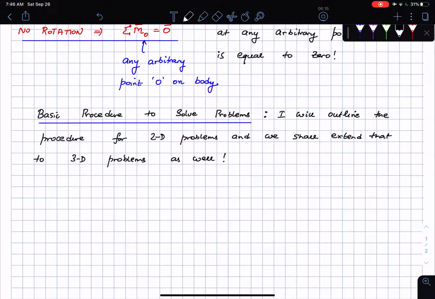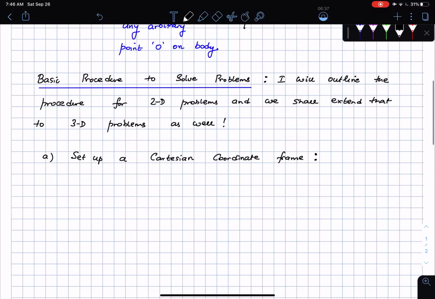Here are the steps that we need to take to solve the problem. First step, set up a Cartesian coordinate frame, and this is something that I will draw for each and every problem.